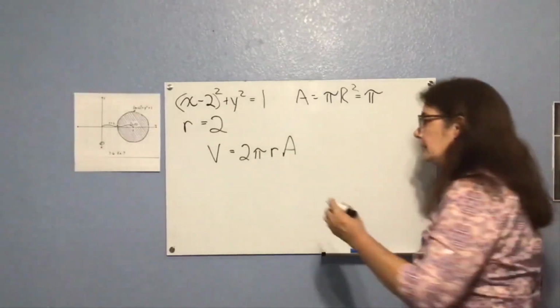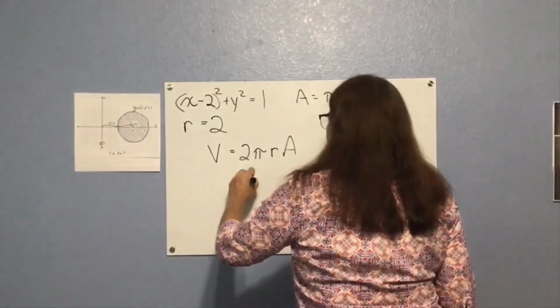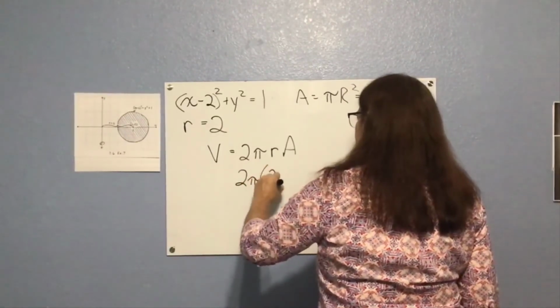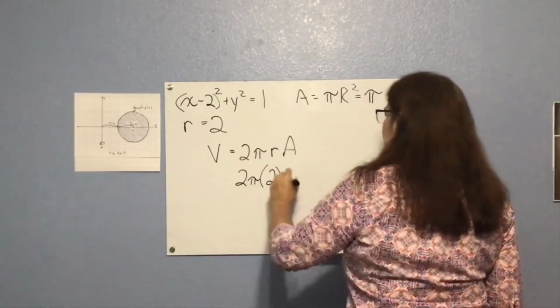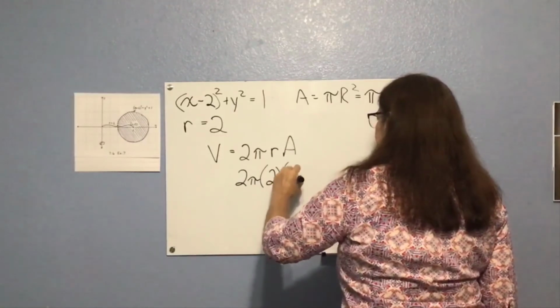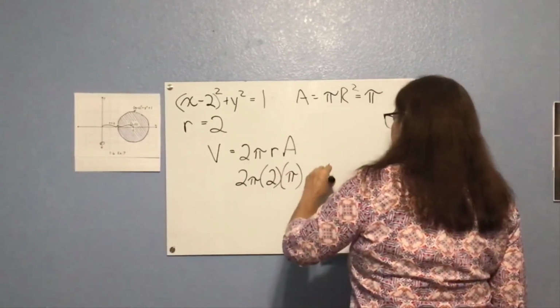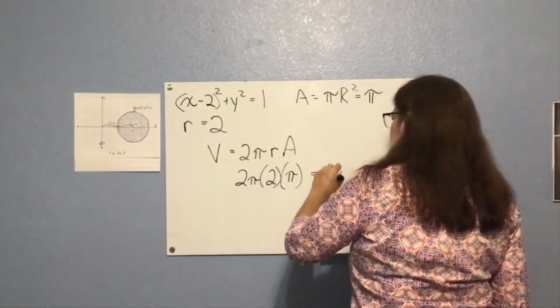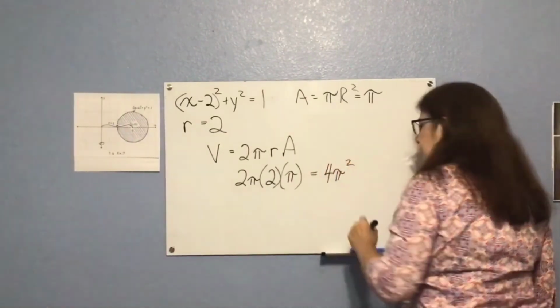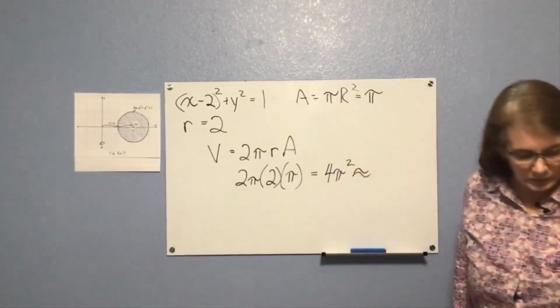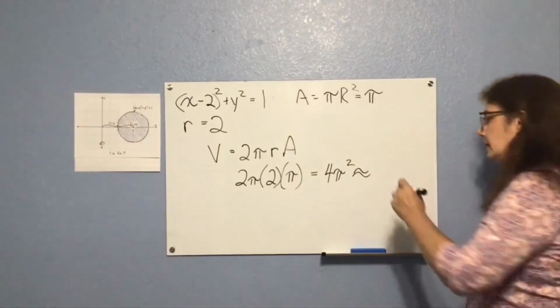Okay, so let's put in things we know. 2 pi, the radius of the rotation is also 2, and we found that the area was pi units. So we get a total of 4 pi squared, which is approximately 39.5.